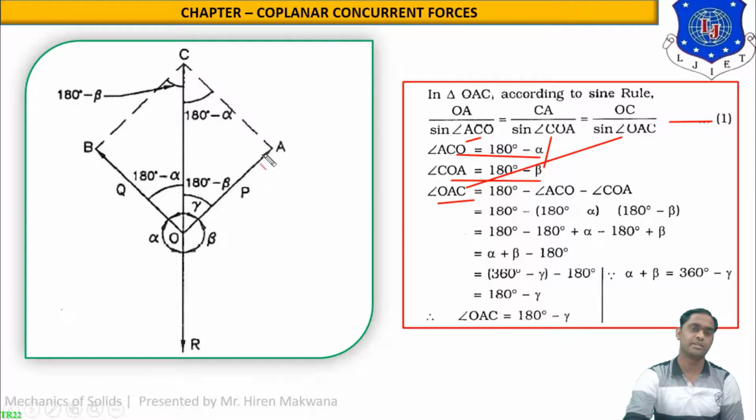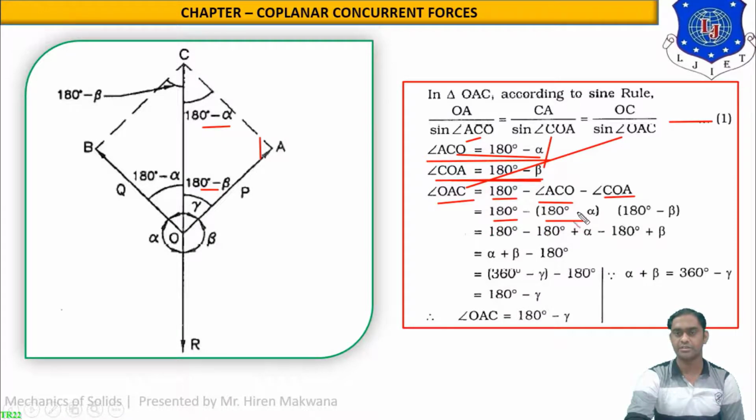Now as per the rule, in this triangle OAC, these two angles can be subtracted from 180, because the addition of all three angles in the triangle is 180. We know this. So 180 minus the first angle ACO, which is available here, minus the second angle COA, which is available here. So just replace the values. So 180 minus ACO means 180 minus alpha.